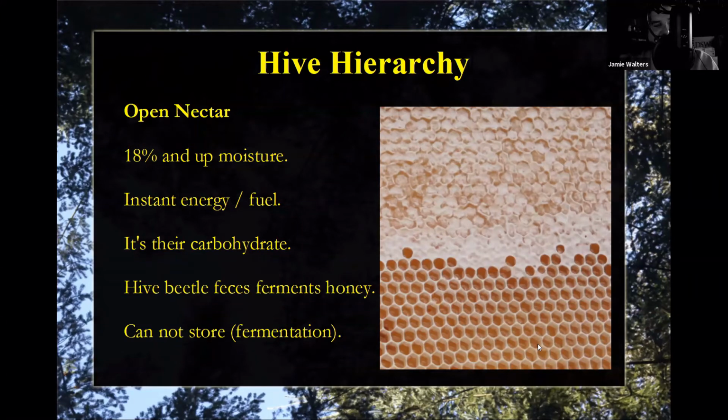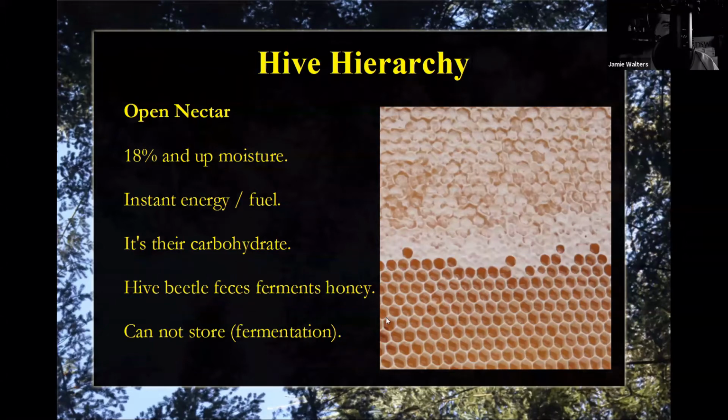But if they fill up their crop, they cannot take that and put it into their stomach to fly back. So it's like a plane. They only put on so much fuel to get to their destination and get back, and they still have to have the cargo. So it's an instant carbohydrate.